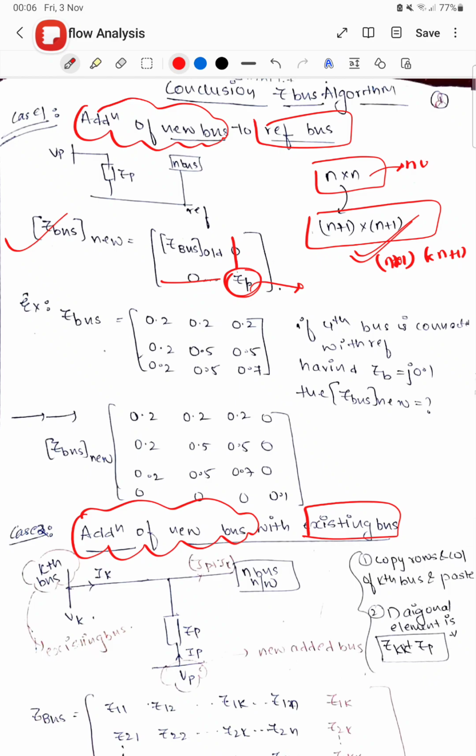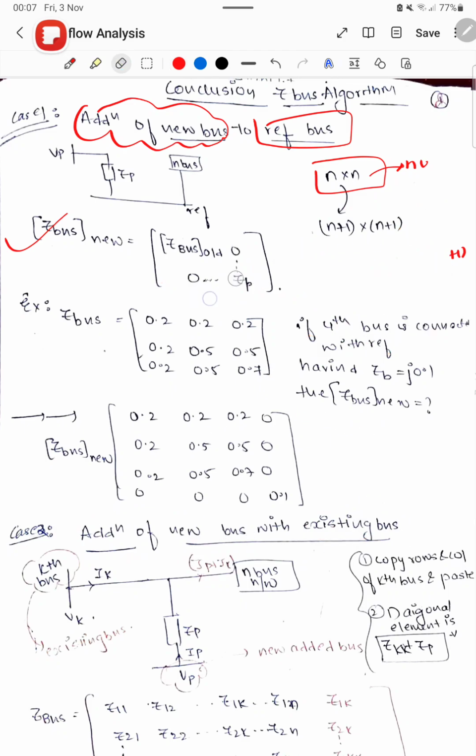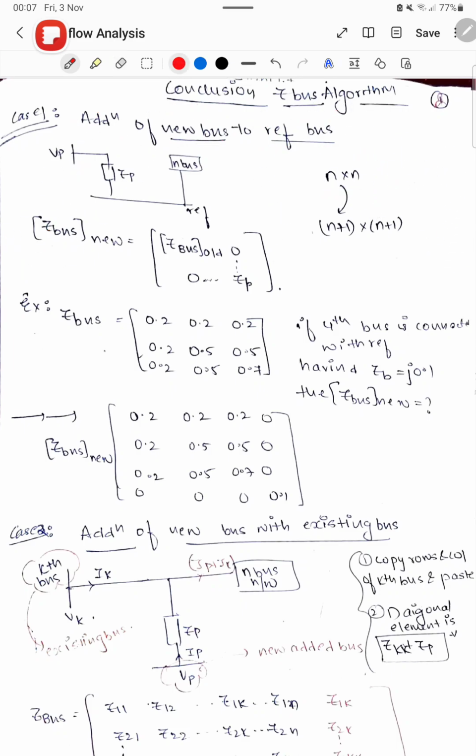Just the last element would be the updated impedance. For example, let's say the z bus is 0.2, 0.2, 0.2; 0.2, 0.5, 0.5; and 0.2, 0.5, 0.7. Now a fourth bus is connected to the reference, so there are only 3 buses initially. What happens now?